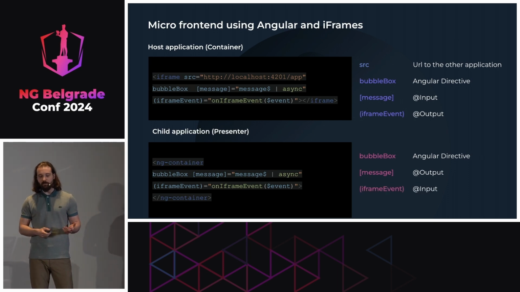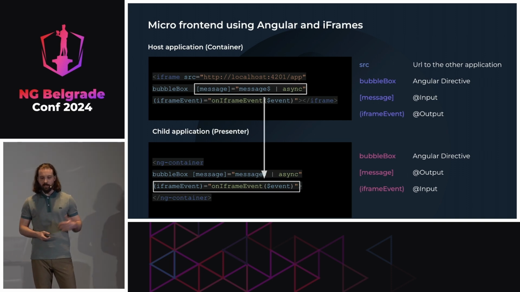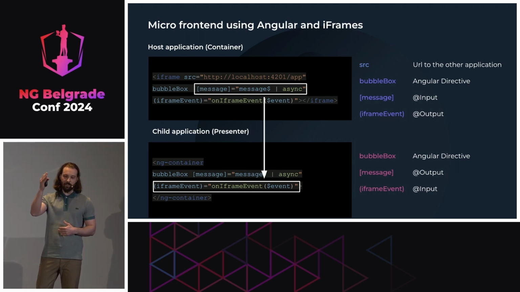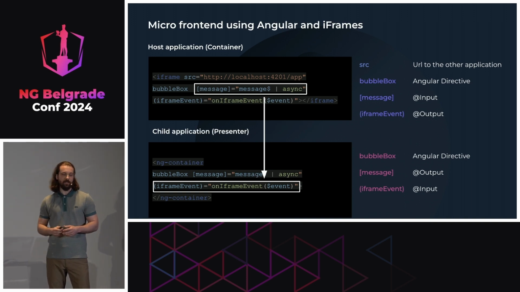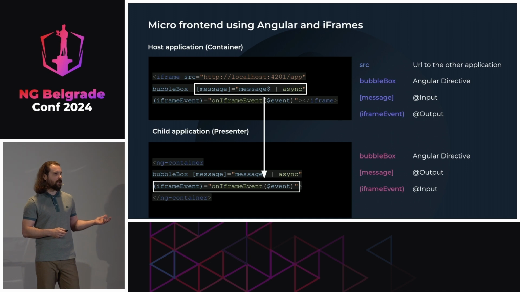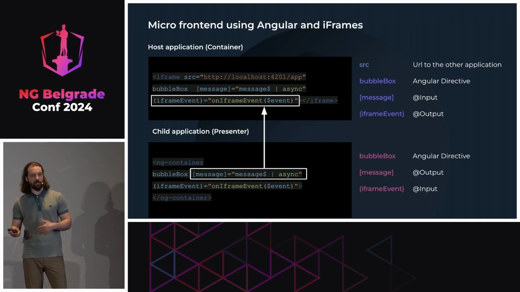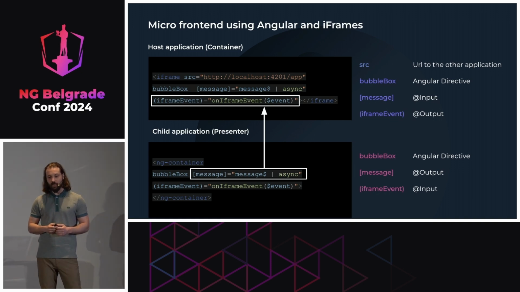And the iFrame events will now act as our input, which means everything that we pass as a message on our host application will become an iFrame event in our child application, and in reverse, everything that we pass as a message in our child application is now coming as an iFrame event on our host application.